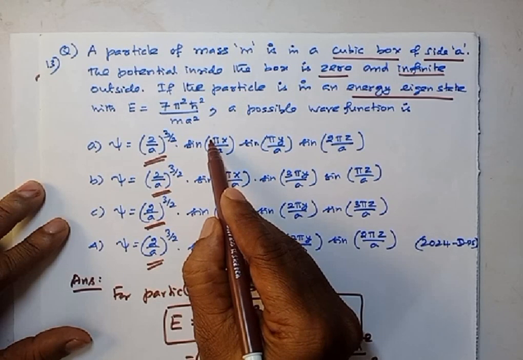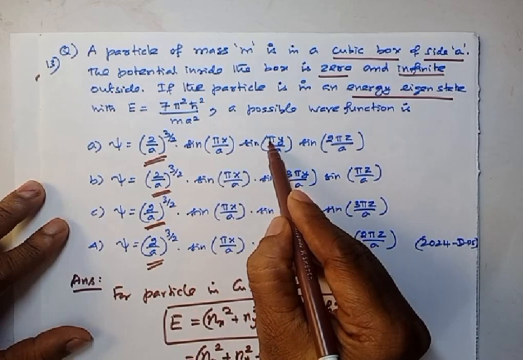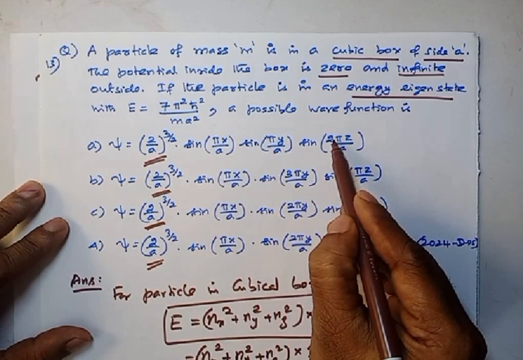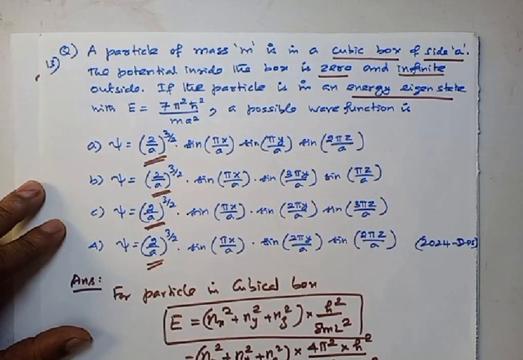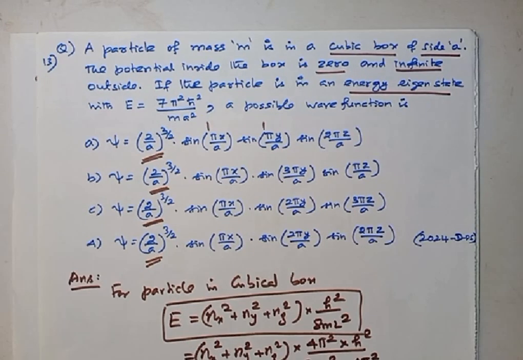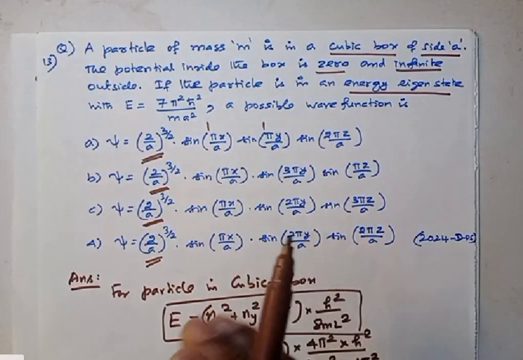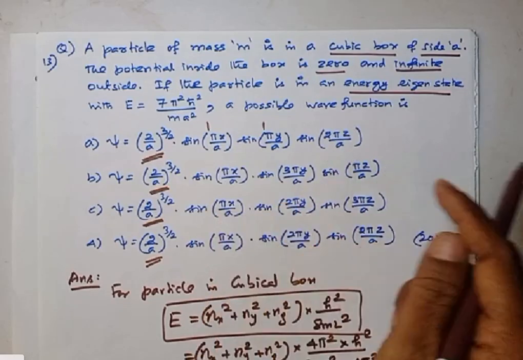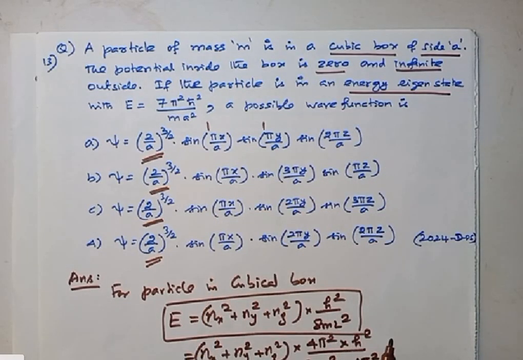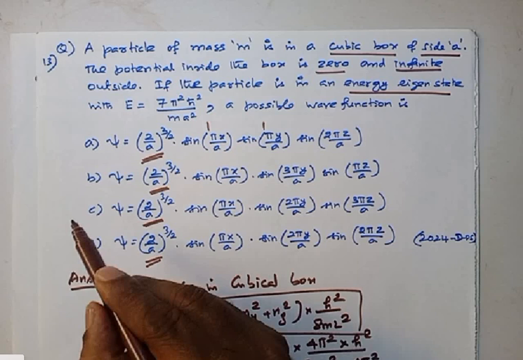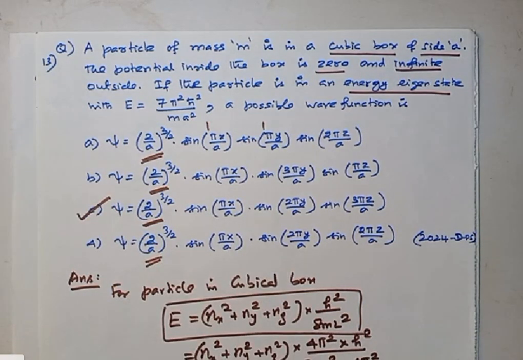Here nx is 1, ny also 1, nz is 2. Is this correct? So you have to check the option in which the quantum numbers should be 1, 2, 3. So which is correct? C, sir. Option C. That's all. This question appeared in 2024 December in the physics paper. Take note.